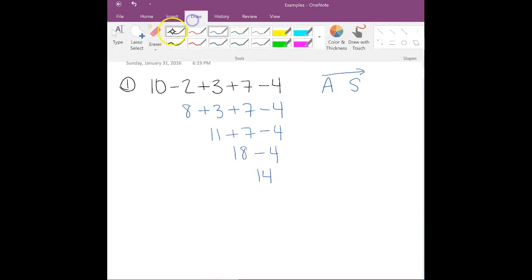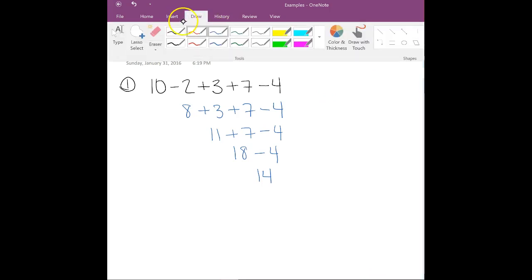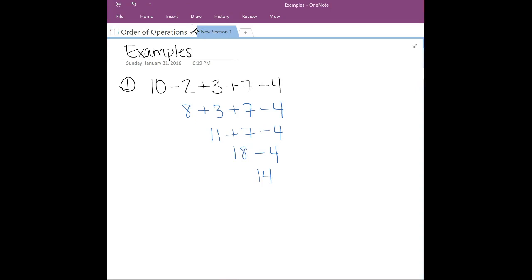Now if I would have done this in any other order, I'm not guaranteed to get the correct solution. So I'm going to take this out of order and do it whichever way I want. Let's see, 2 plus 3, I'll do that first.